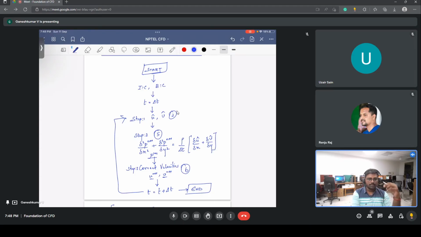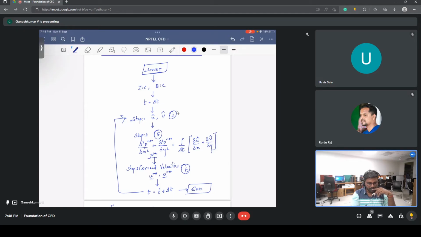Previously some of the commercial codes came with staggered grid, but nowadays since these issues of pressure velocity coupling can be overcome by various methods, people are actually preferring the collocated grid, which is easy to implement. Most of the commercial codes have been converted to collocated grid, I believe.